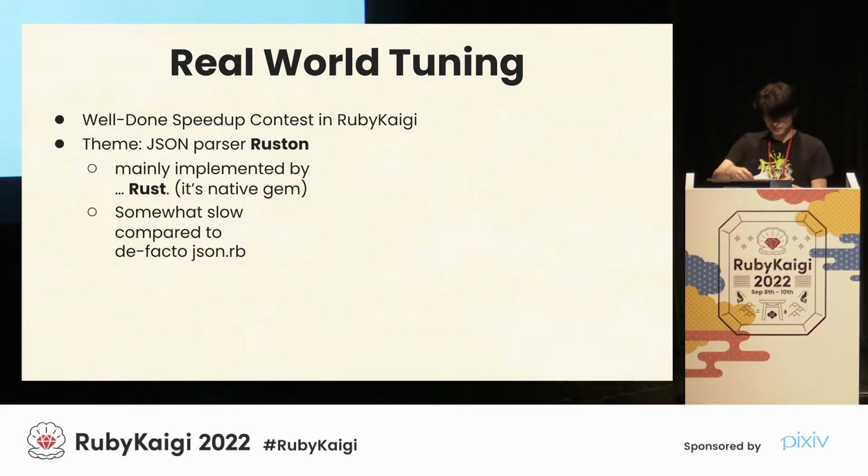I'm going to show real-world tuning. For example, I created a sample JSON parser gem and named it Ruston because it's written with Rust. But it's naively implemented at first and somewhat slow.